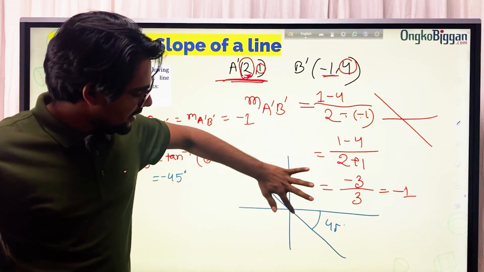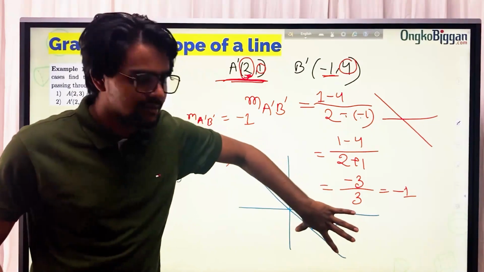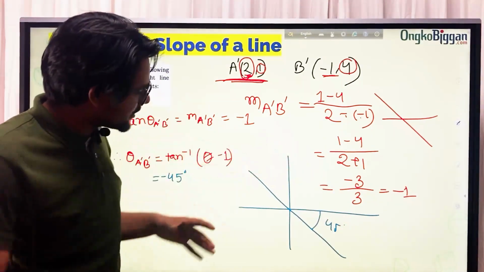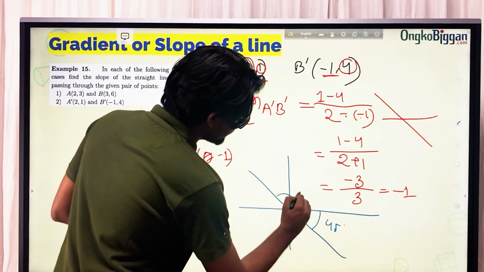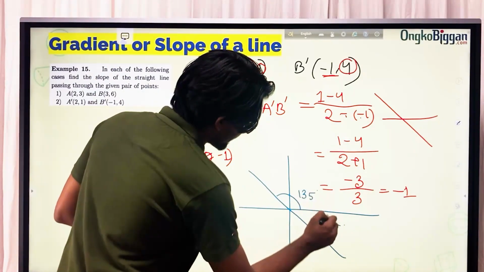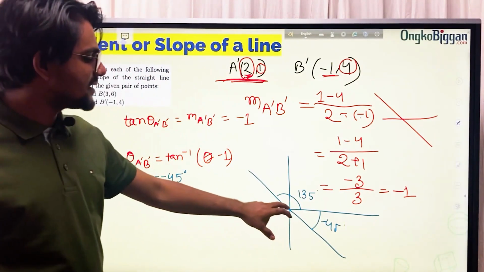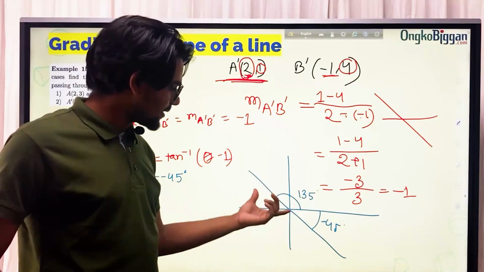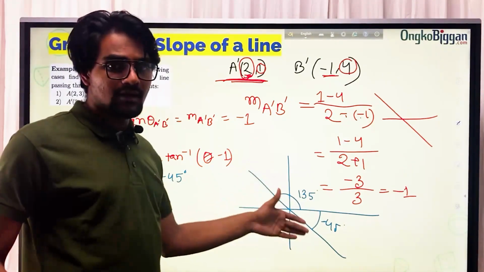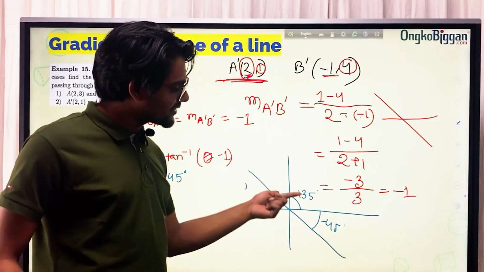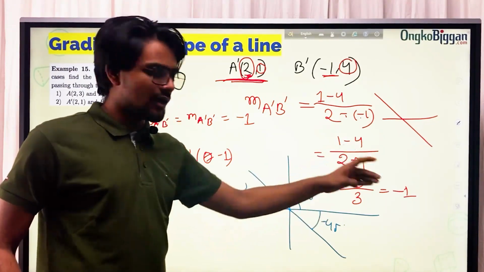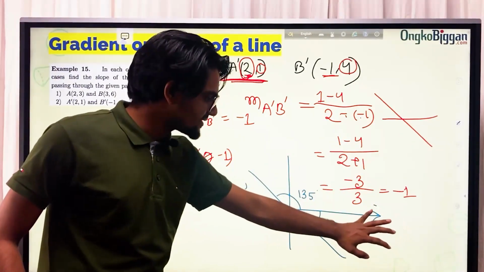That is, we are taking this part of the line segment, but if you take this part, we will see that the upper part, the part above the x-axis, has created 135 degrees with the positive direction of the x-axis.